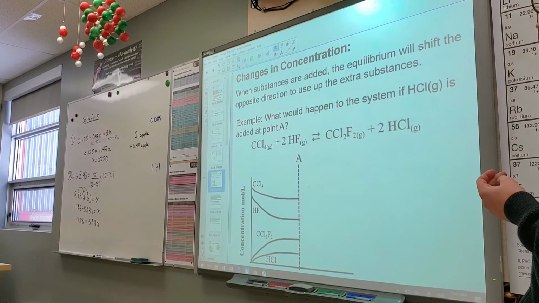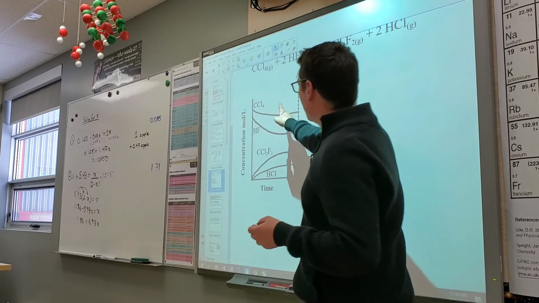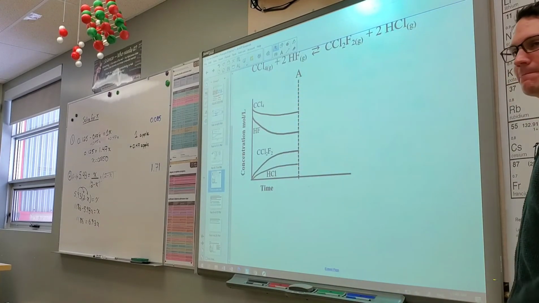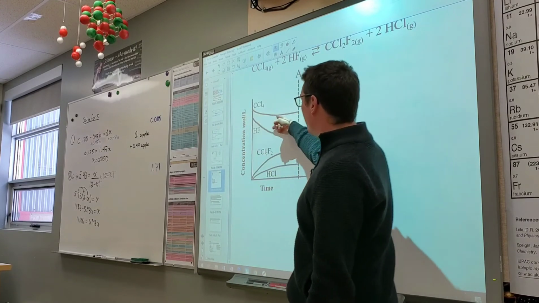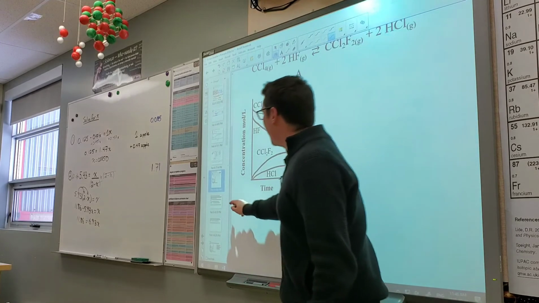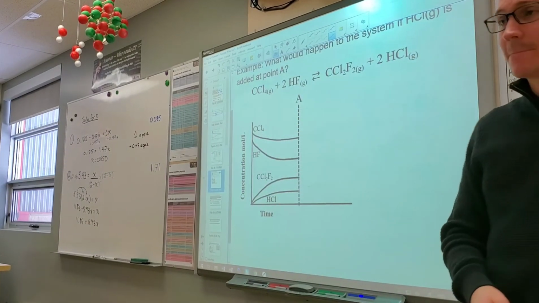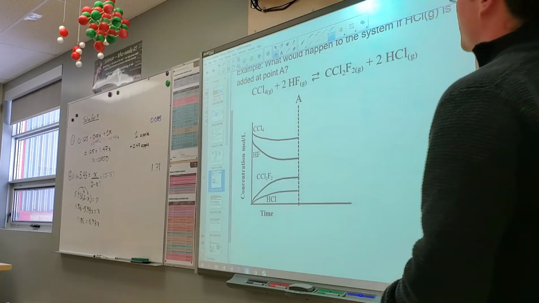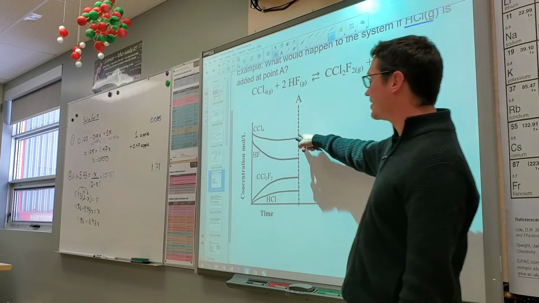So what would happen to the system if HCl gas is added at point A? We've established an equilibrium here, right? We've got some initial conditions, and we establish an equilibrium. Now I'm adding a chemical. What am I adding to this system? If I add HCl gas, which line is HCl gas?